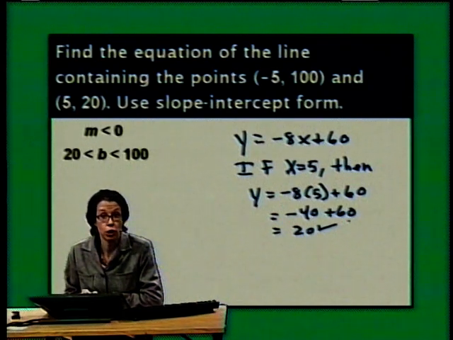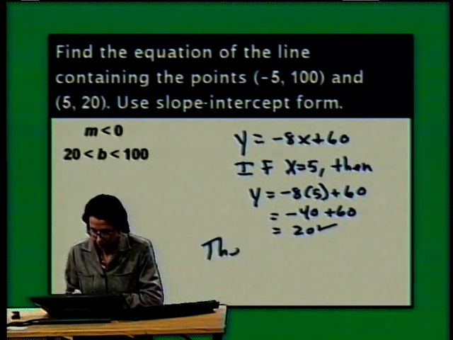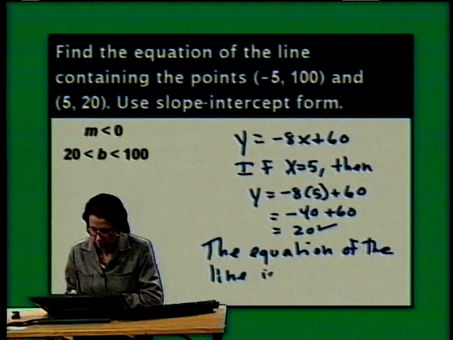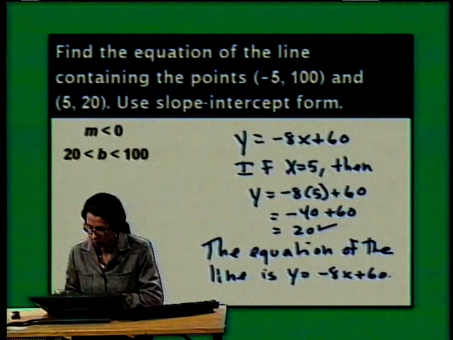So my equation checks. The equation of the line is y equals negative 8x plus 60.